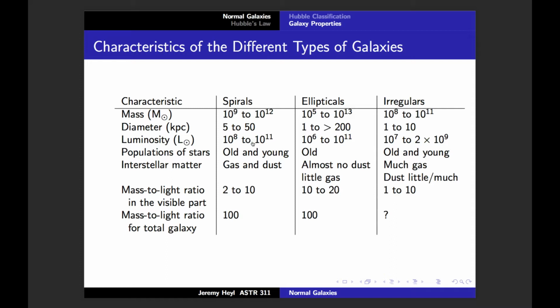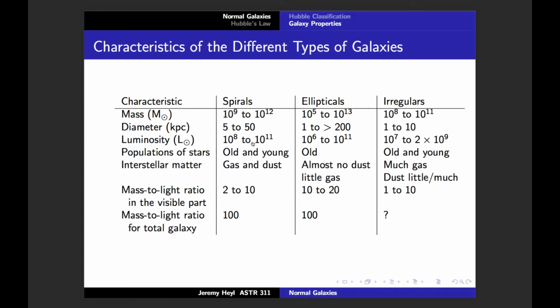That's the mass of everything, including the dark matter. The luminosity, how bright they are in terms of the sun, is about 1/10 of that mass. So their mass to light ratio is 10. They go from 100 million times what the sun is like up to 100 billion.